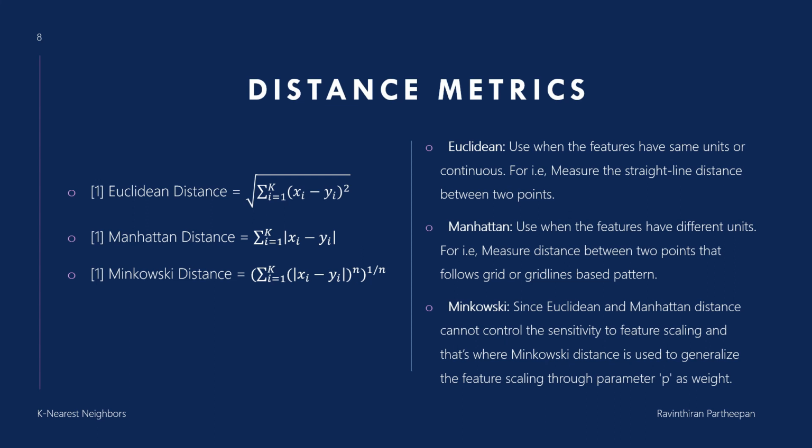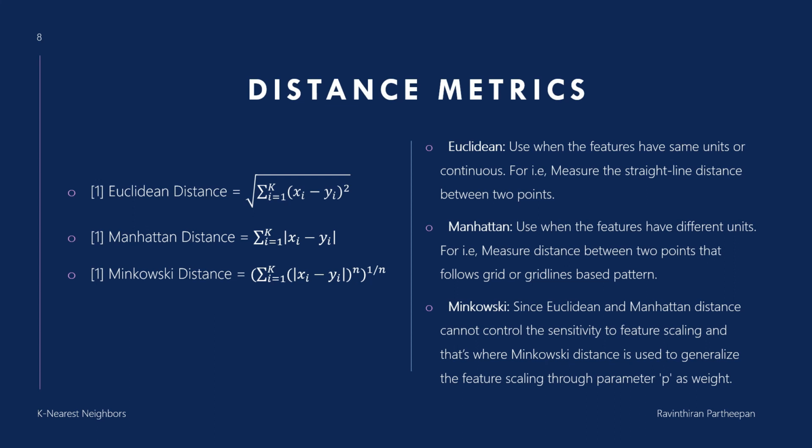And Manhattan you can use when you have different units. For example, one feature related to kilometers and another related to miles, since both represent a distance but are measured in different units.